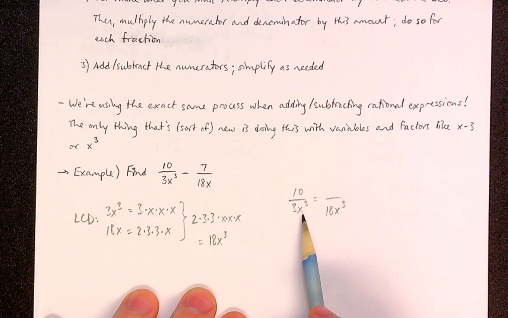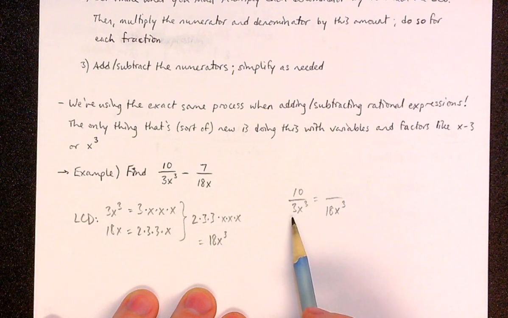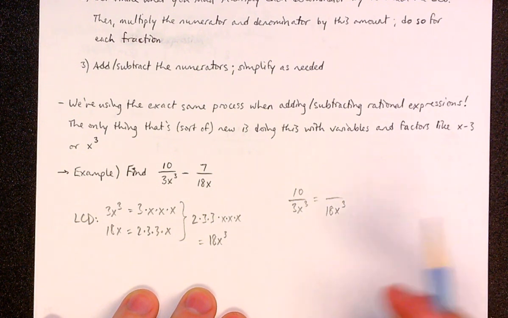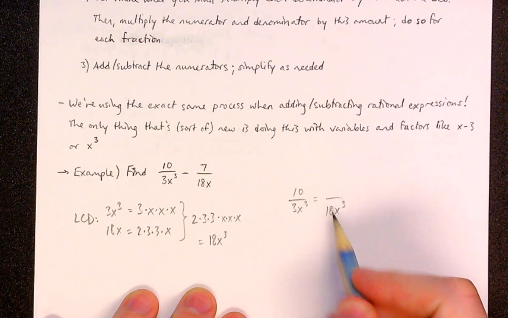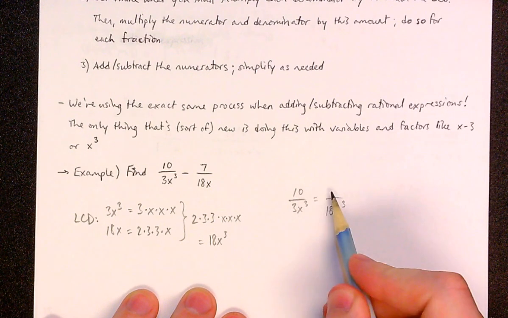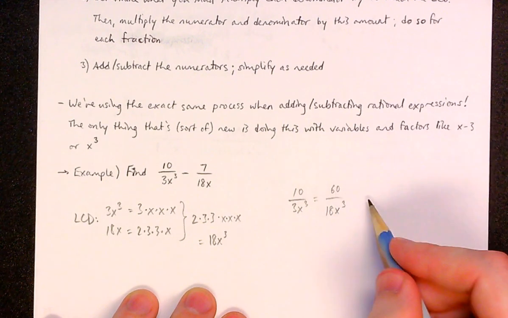If you just do some quick mental math, you would find that you multiply by 6, or if you did 18x cubed divided by the 3x cubed, you'll get 6 as well. So I multiply the bottom by 6 to get here. So I have to multiply the top by 6 as well, and 10 times 6 is 60.